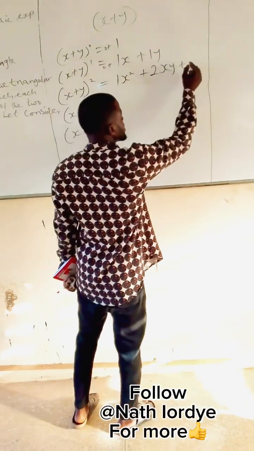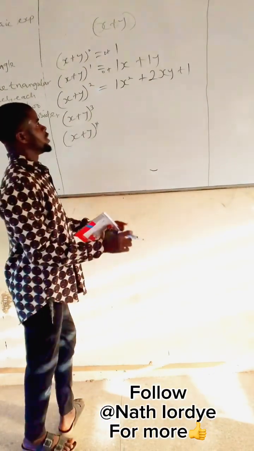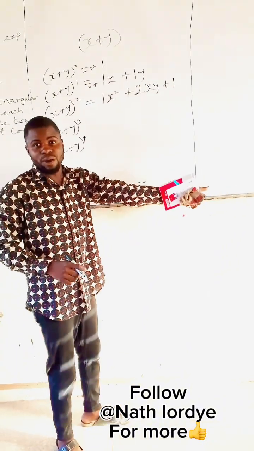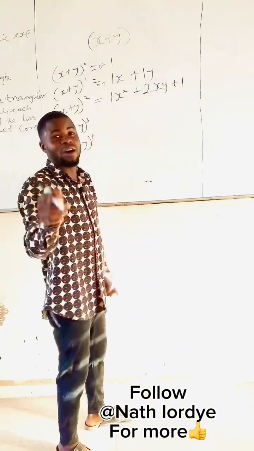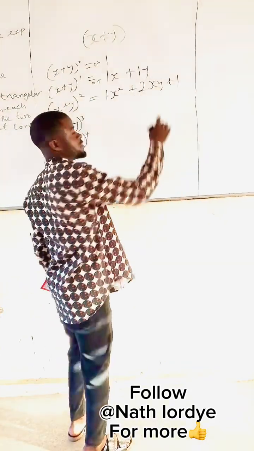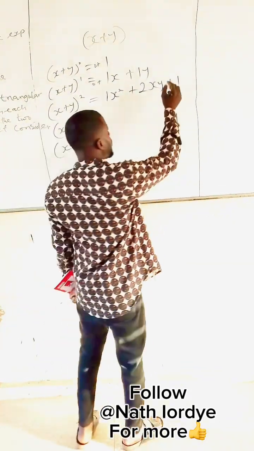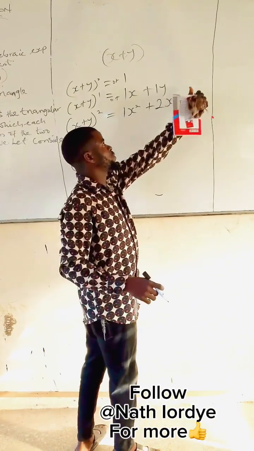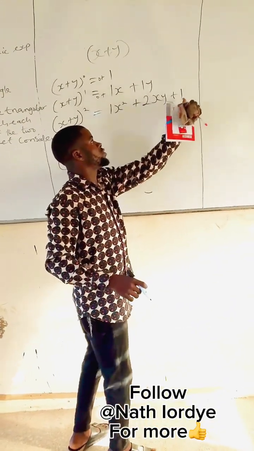So 1 plus 0 is the same thing as 1. And what is now the power of x? There is a decrease, so x is now raised to the power of 0, and x to the power of 0 is the same as 1, so the x disappears. So 1 plus 0 gives us 1.